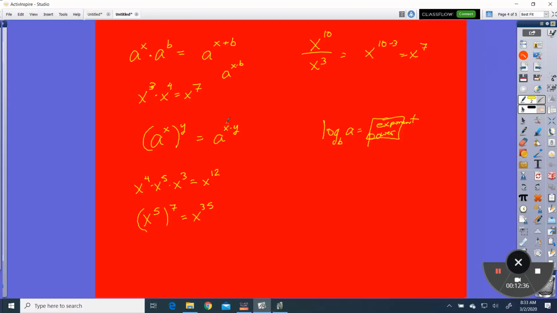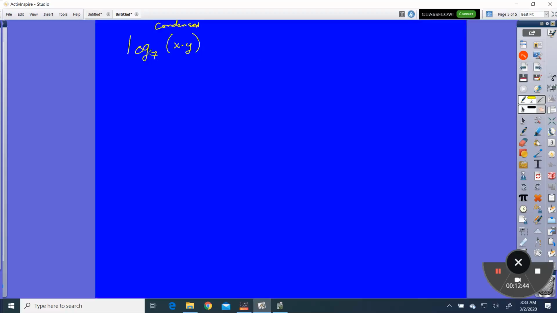So here's how this works with logarithms. If I have log 7 of x times y, the multiply, we can expand this. So this is called the condensed version. Back to the previous page, when we had a base times a base, what did we do with the powers? We added.